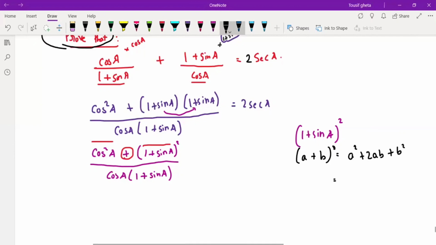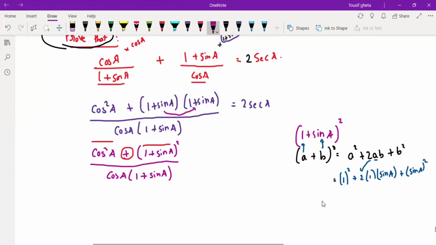Now we need to identify the value of a. What is the value of a? It is just 1. So in the place of a we substitute 1, the whole square as it is, plus 2 as it is, a value is 1, b value is sin A, plus b value sin A whole square.